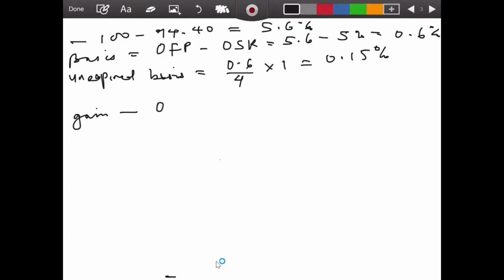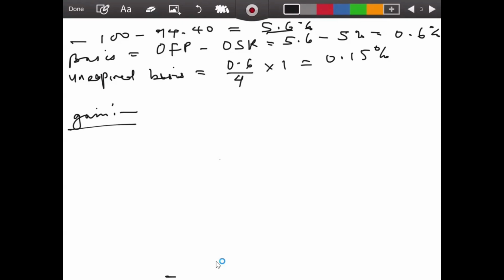In this question, the company opened by selling, and the company will close by buying. So the opening futures price here is 5.6%. But we don't know what the closing futures price is.